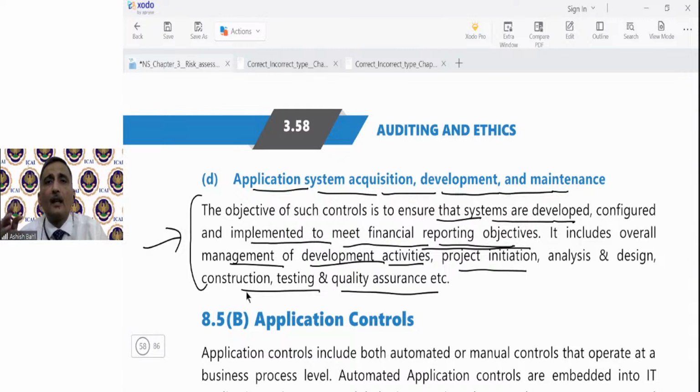Number two, controls over program change. Number three, controls over access security. And number four, controls over application system acquisition, development, and maintenance. How a new application is to be acquired, developed, and maintained. Okay.